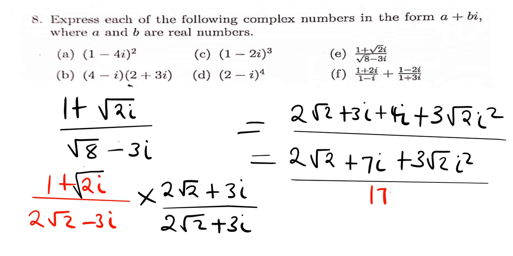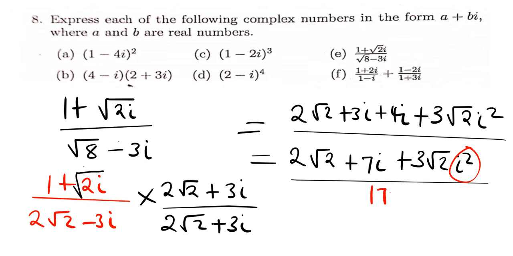I don't know if it's already simplified, or if we can leave it there where it is. Okay, let's try to do something here. We've got 2 root 2, okay, so we can simplify this one.